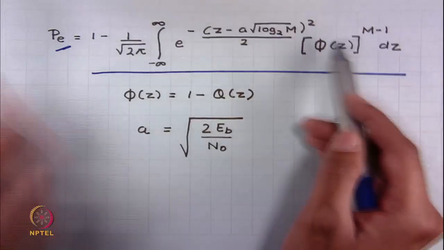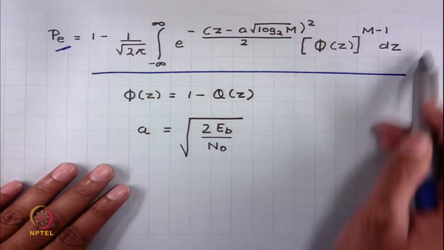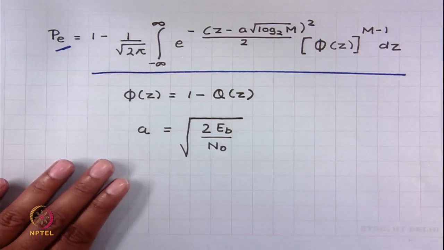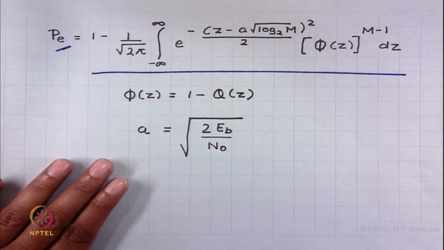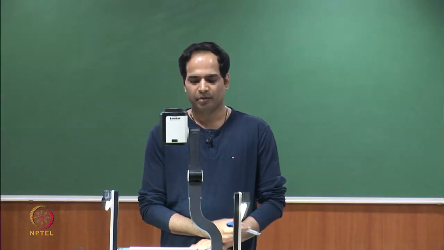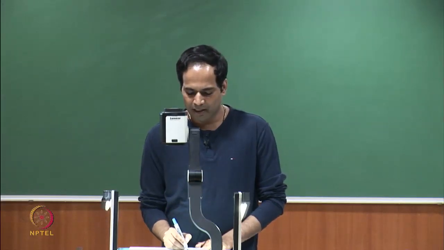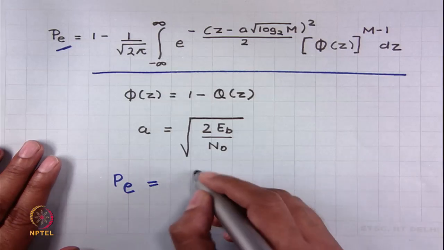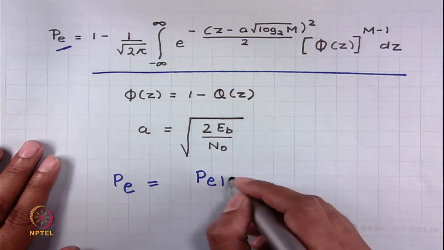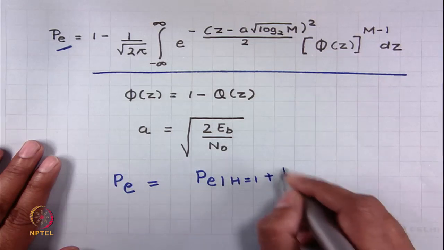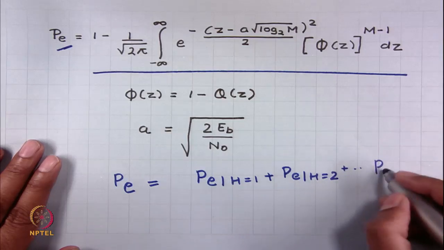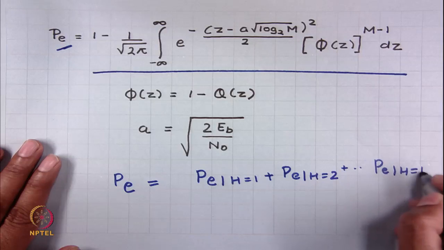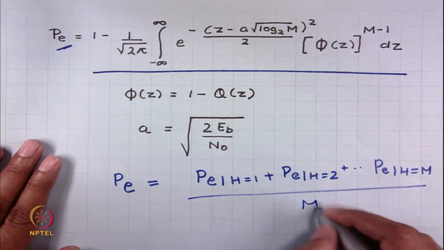Whereas, if you use MATLAB and carry out this integration, you can get precisely the probability of being in error if hypothesis 1 is transmitted, but this is also the overall probability of being in error, because probability of being in error is simply the probability of being in error if hypothesis 1 is transmitted plus probability of being in error if hypothesis 2 is transmitted, and so on, plus probability of being in error if hypothesis m is transmitted, divided by the number of hypotheses.